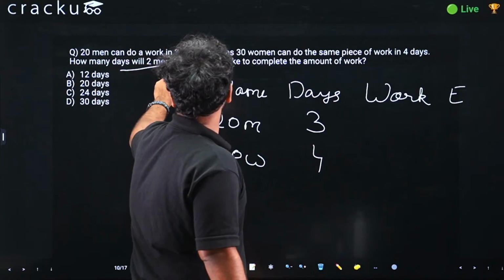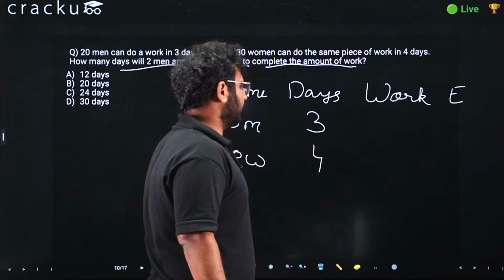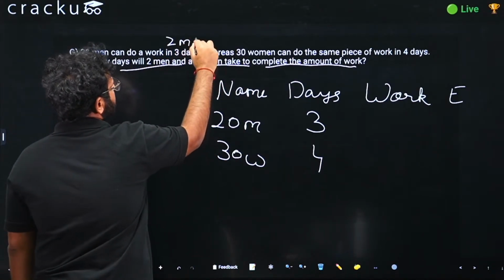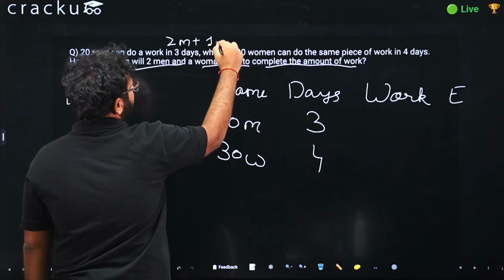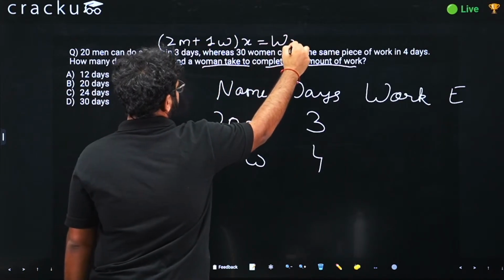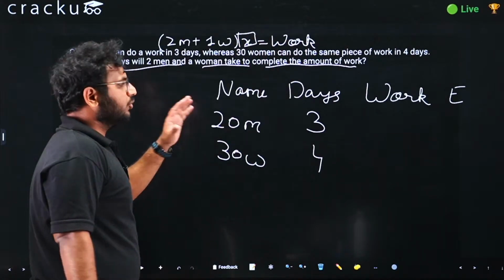How many days will 2 men and a woman take to complete the same amount of work? So they are asking 2 men plus 1 woman into x is equal to work. We need to find the value of x. Now we have two equations.